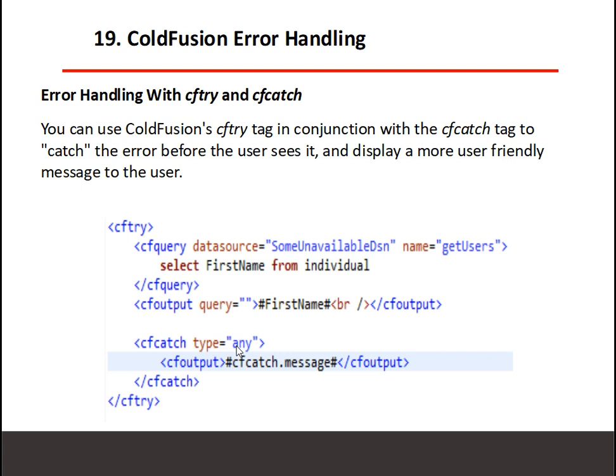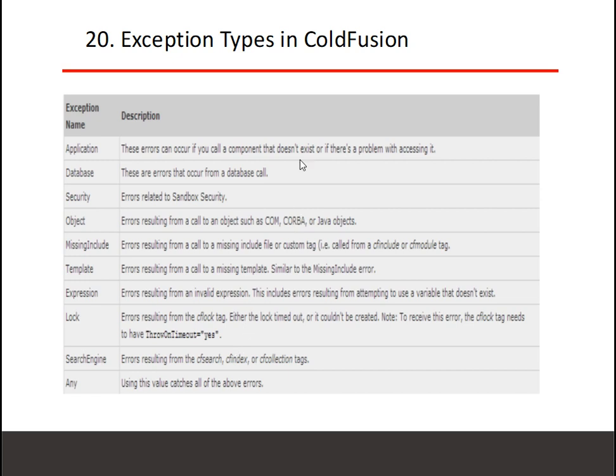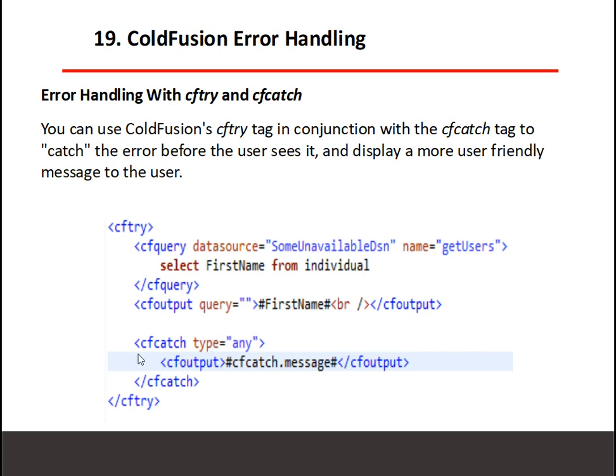But if you want to know how many other exception types there are, there are a total of 10, right? You can do different actions based on the different exception types. For example, you can have multiple catch blocks which say that if the type is application, do this; if the type is security, do this. And then you can always use any, because if none of those types match, at least you know what to do with that exception.